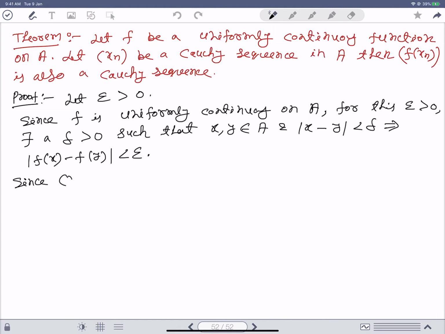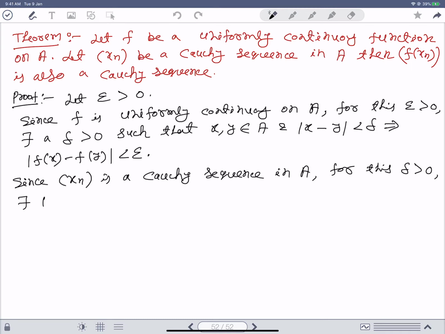Since xn is a Cauchy sequence in A, for this delta there exists a natural number N such that |xn minus xm| less than delta for all n, m bigger or equal to N. Note that for all n, m bigger or equal to N, the terms xn and xm are in A and their difference is less than delta.